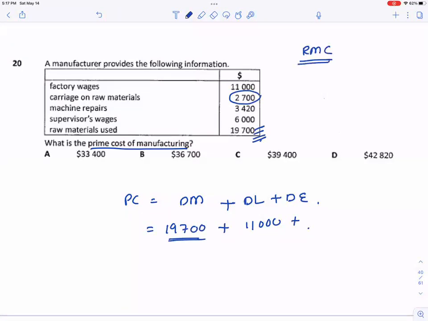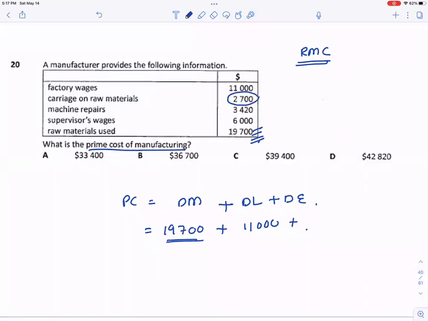Can you give me the formula for raw material consumed? Opening raw material plus purchases of raw material. In purchases, you adjust everything, minus purchase return and carriage inward.